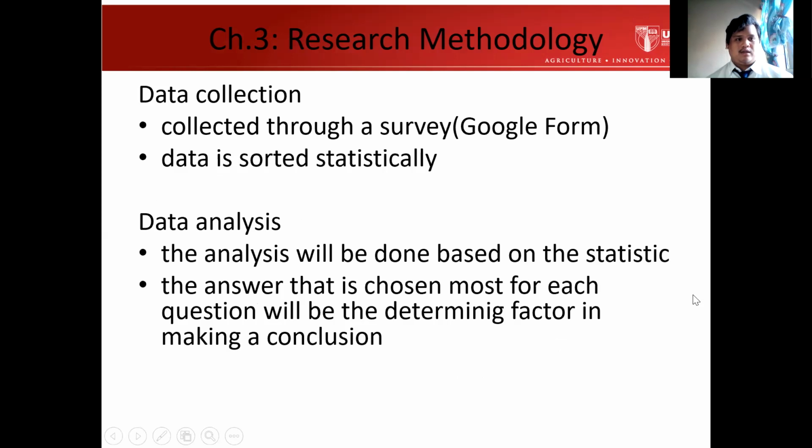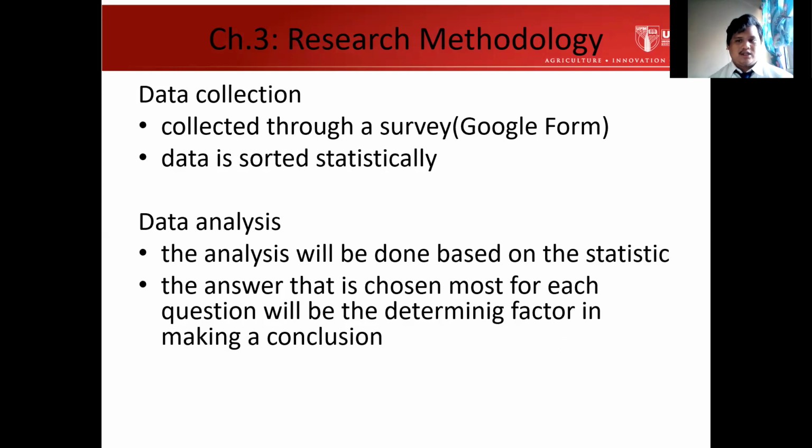Now for the data collection, the data will be collected through a survey which is done via Google Forms, and in the survey there will be three sections: section A, section B, and section C. In section A there will be multiple choice questions where the students will be allowed to choose more than one answer.